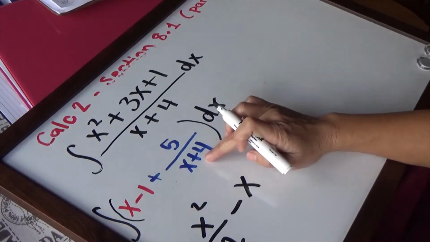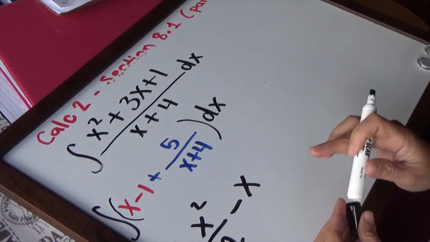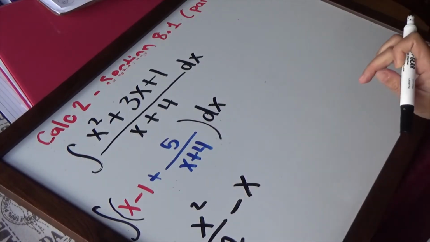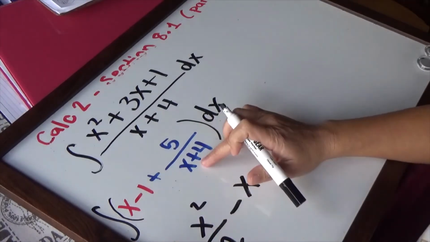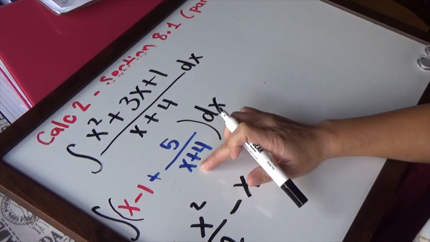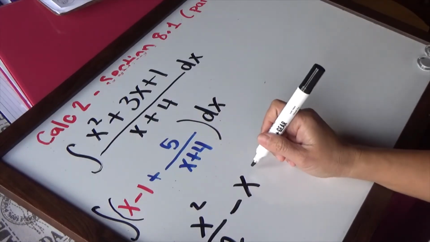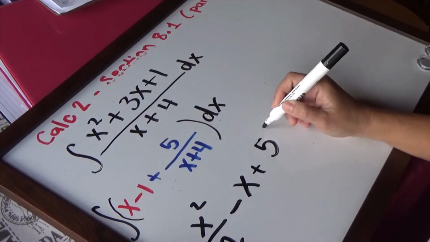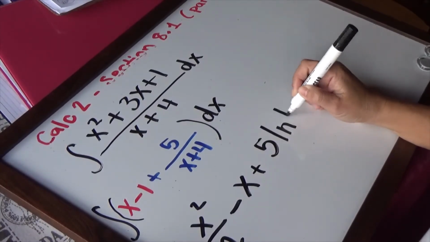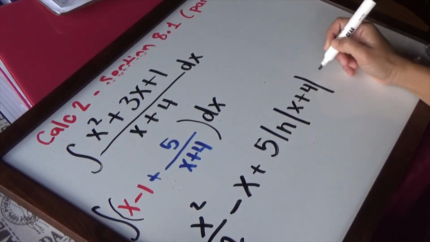Then the blue part right here, the integral of 5 over x plus 4. The integral of 1 over x is ln x. So think of a mental u substitution right here. Let u be x plus 4, so that will be just 5 ln of u, or ln of absolute value of u, in this case 5 ln of absolute value of x plus 4.